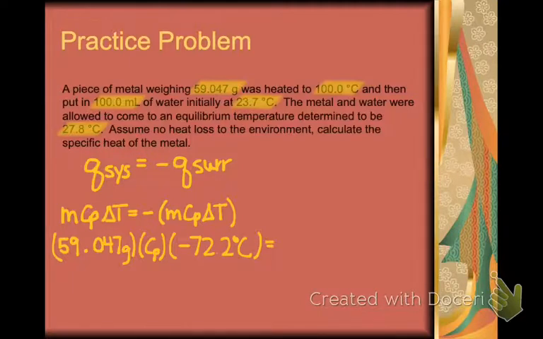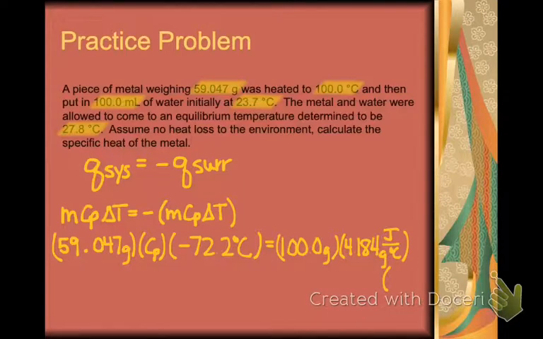The next side of the equation, I'm going to talk about the water. So the mass of the water here, it was a volume of 100 mL. We know that that's 100 grams. I mentioned that before because the density is 1.0 grams per milliliter. The C sub P of water we know is 4.184 joules per gram degree C. And again, I'm going to run out of room, so I'm just going to write the second part down here.